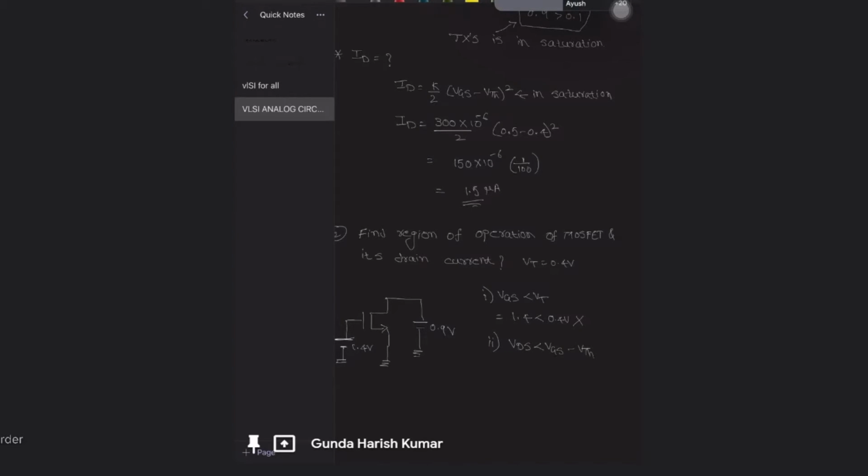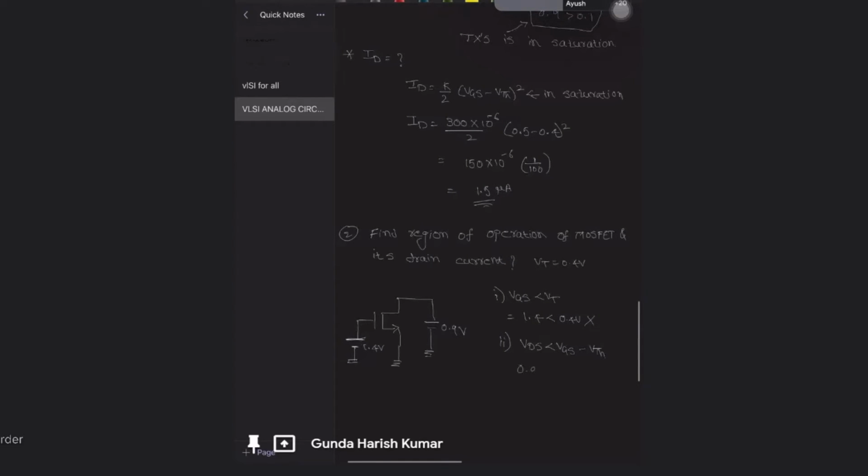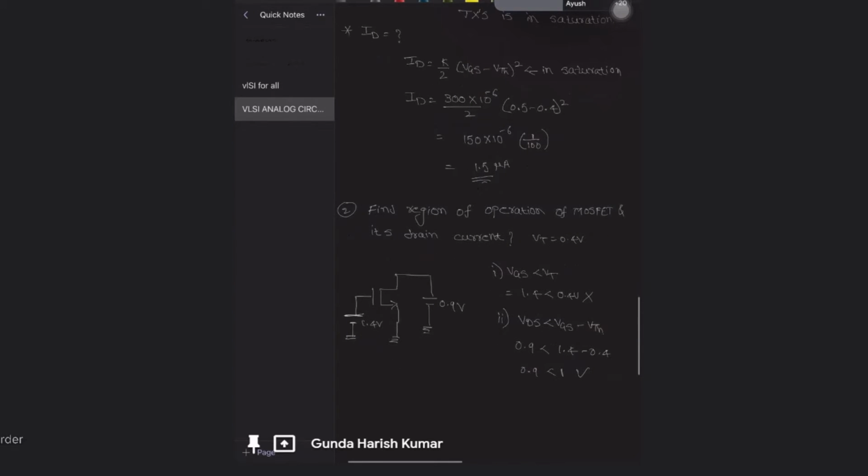Triode is nothing but VDS should be less than VGS minus VTH. VDS is 0.9. It's less than VGS, 1.4 minus 0.4. 0.9 less than 1. So this is satisfied. So it is in triode region.